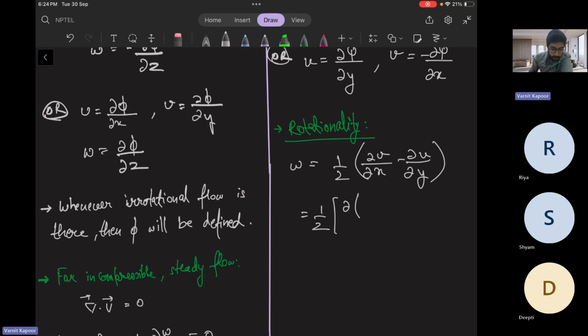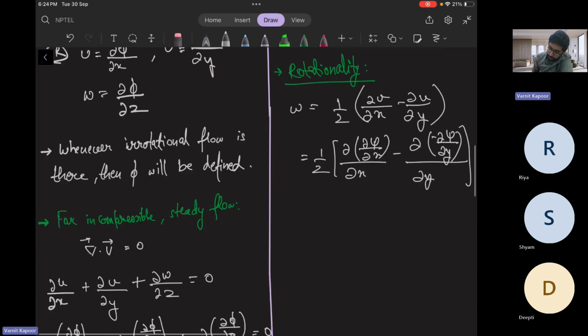Okay. So what is v? It is dou psi by dou x, differentiated by dou x. And what is u? u is nothing but negative of dou psi by dou y, differentiated by dou y.